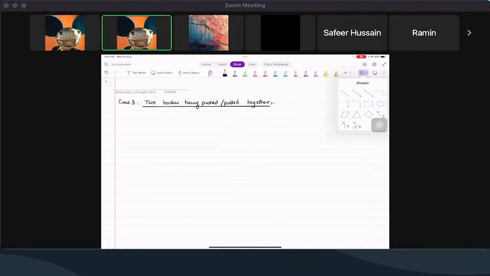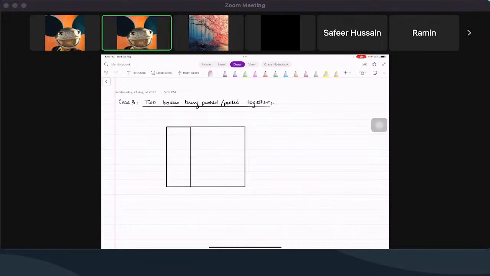Now suppose there is an object like this, so this object is x, this object is y, this is mass m, this is mass 3m.